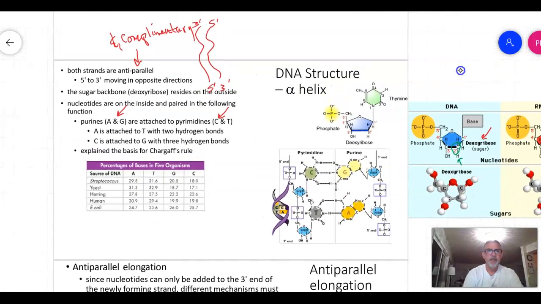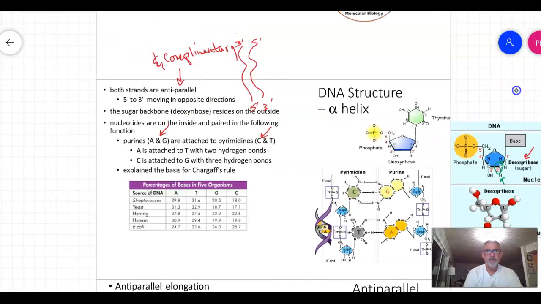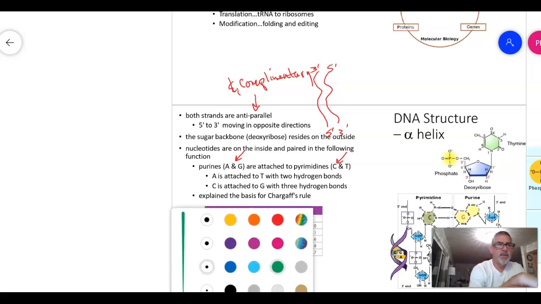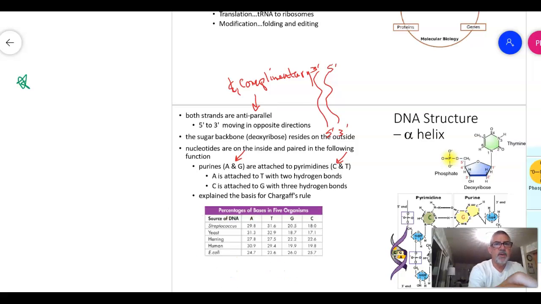So things you might want to know about DNA. Like I said, it's anti-parallel. It's complementary.